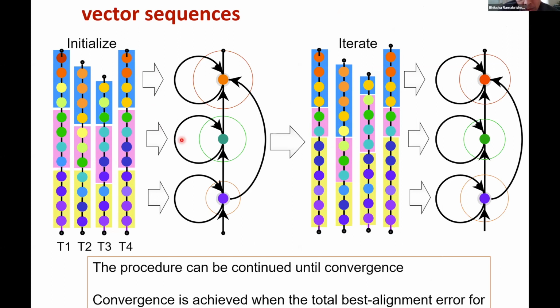And then I'm going to learn not just the means and the variances for each state, but also these penalties. Now, clearly from this segmentation, you know that this penalty is infinity, right? But you know that the cost of staying within a yellow is quite small. The cost of going from yellow to pink is slightly larger, right? Using these costs, I'll perform my alignment, get new segmentations. Using those new segmentations, I'm going to recompute the means and the variances and recompute these costs and keep iterating the process until the whole process converges.